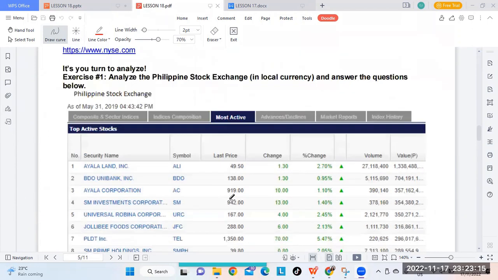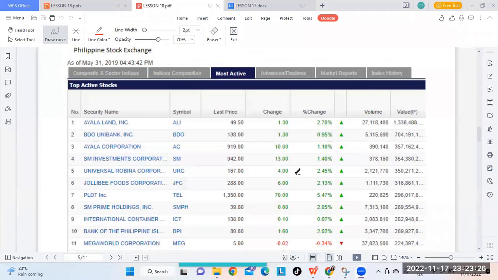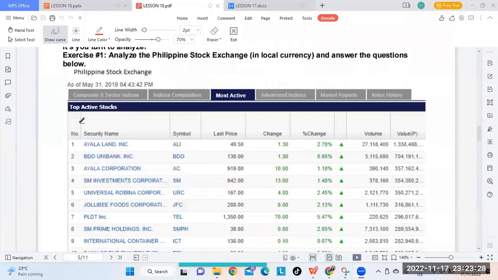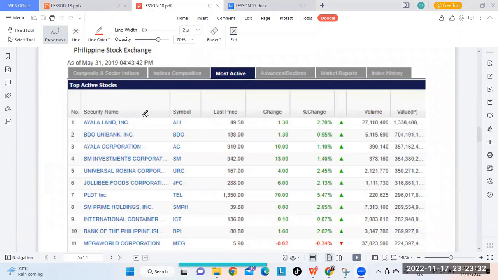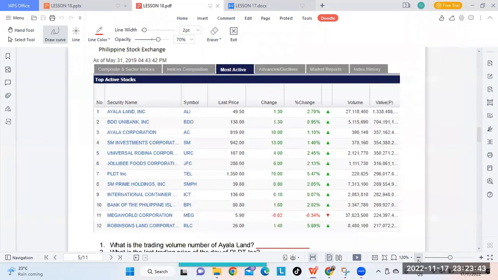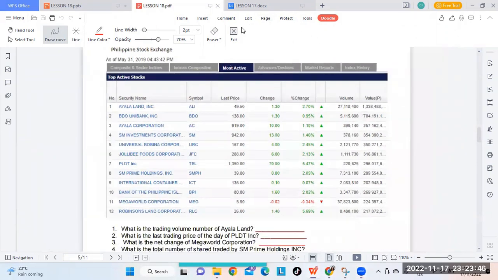So this table is the Philippine Stock Exchange as of May 31, 2019, 4:43:42 p.m. So you can see for column 1, we have the number, then security name, symbol, last price, change, percent change, volume, and the value. So let's try to answer the questions.